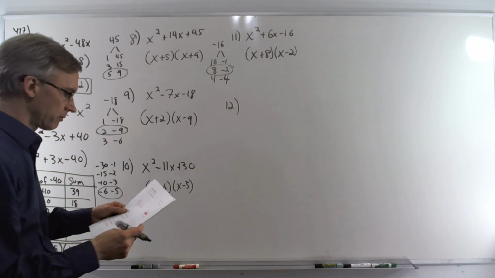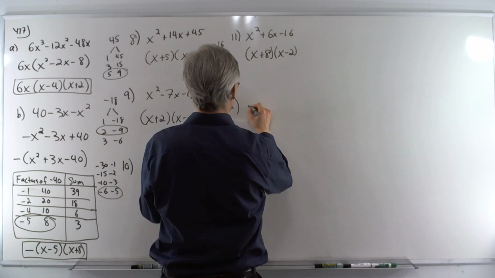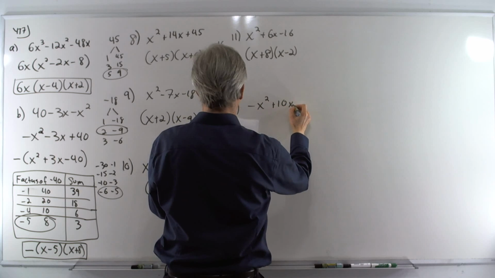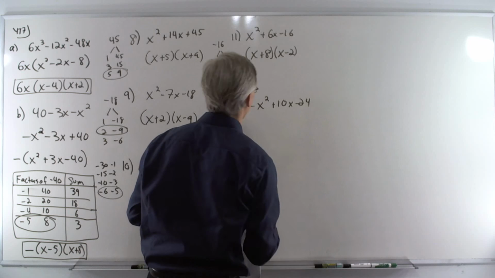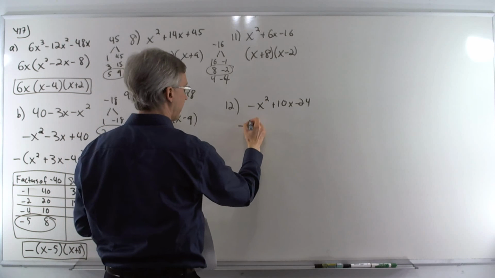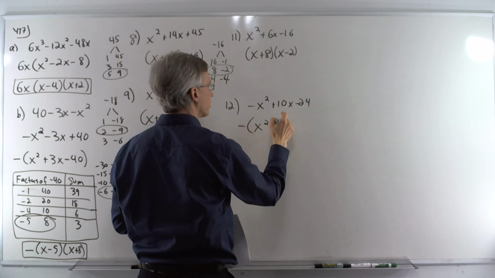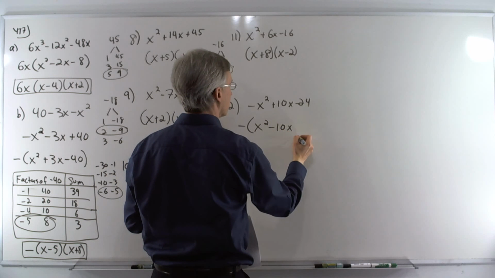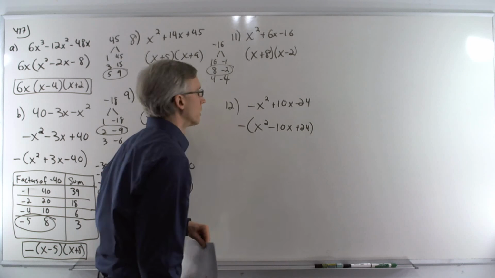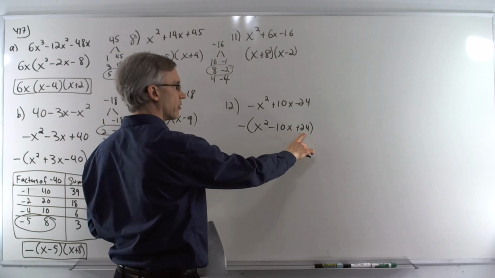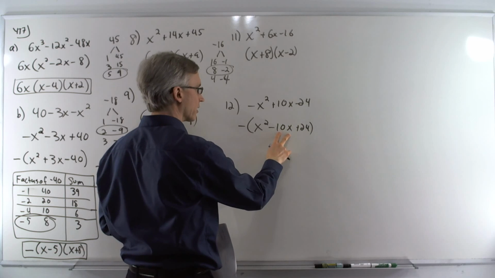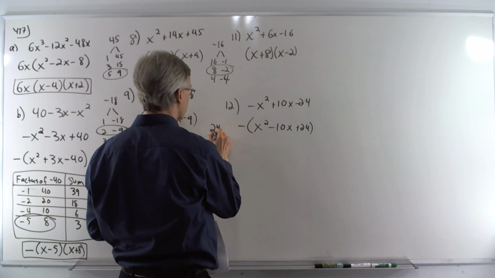Number 12, negative x squared plus 10x minus 24. First thing we need to do is get rid of that negative on the x squared term. So we're going to factor that out. Get x squared, change the sign, negative 10, change this to positive 24. Now we need two numbers to multiply to get positive 24, so they're the same sign numbers. And the middle term's negative, so we're going to be multiplying negative numbers together.